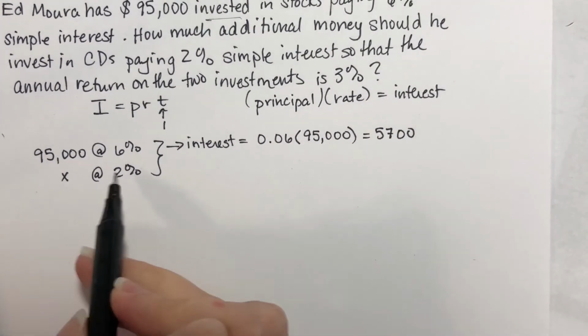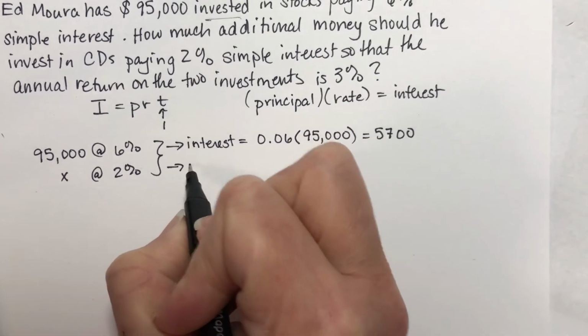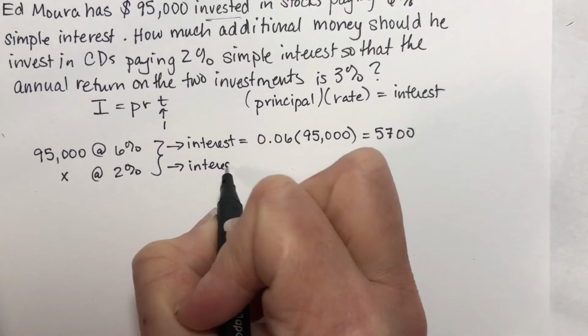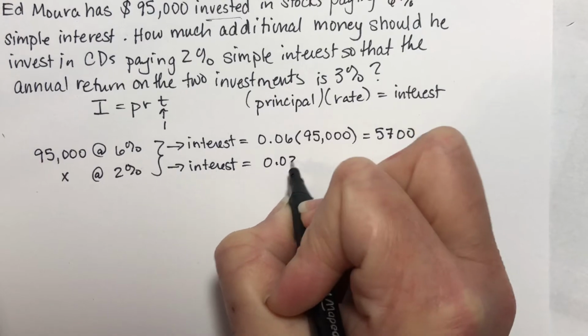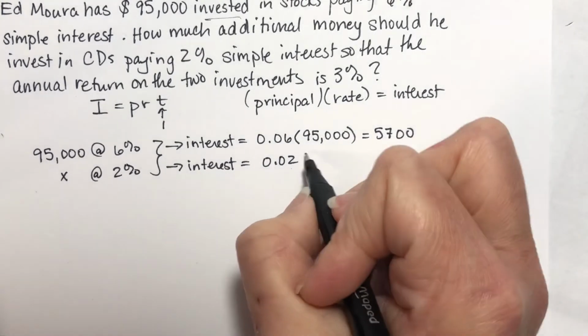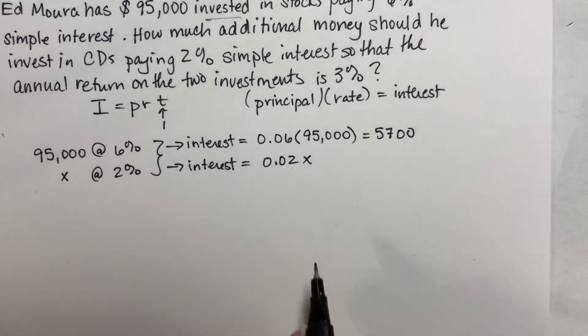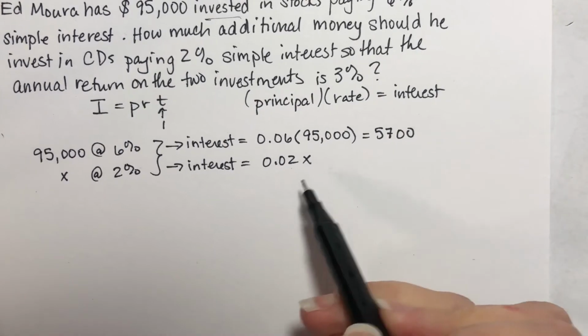Okay, how much interest is made here? Well, we don't know X, so it's 0.02, which is 2%, times X, whatever that is. So I have a way of talking about how much interest is here.